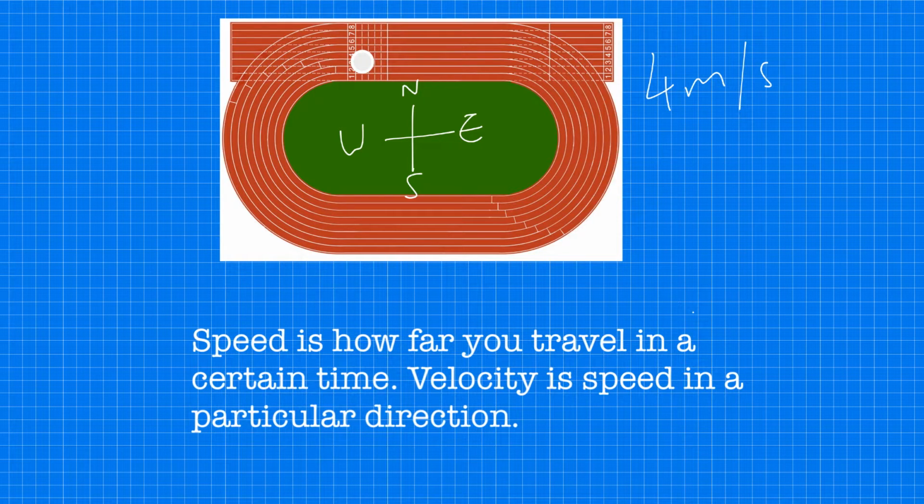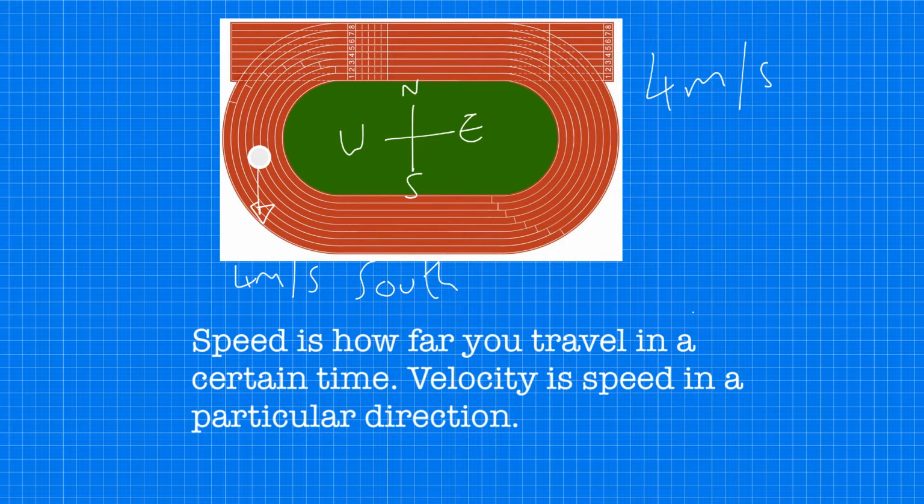However, if we were going to take into account velocity, that's his speed in a certain direction. So when he gets to this point on the track, his speed would be 4 meters per second, but his velocity would be 4 meters per second south.